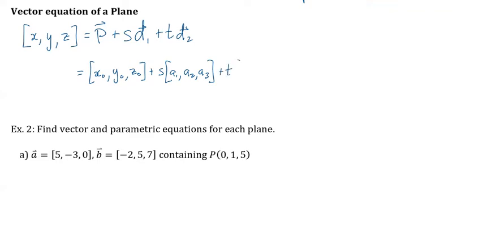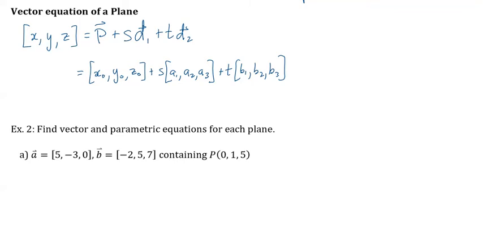I still refer to them as direction vectors, but they're vectors that are parallel to the plane. If they were collinear to each other, you'd still be in a line. You wouldn't get the other parts of the plane. You need one direction vector to go this way and the other one to go that way to be able to get off that line. But then using that, you can get anywhere on the plane.